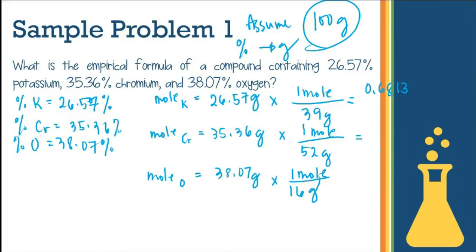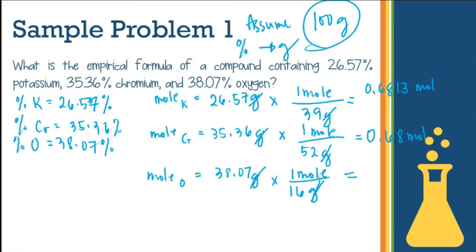Okay? So this is, ang unit nito ay mole. Canceling grams, canceling grams, canceling grams. Next, for chromium, that's 35.36 times 1 divided by 52. That is 0.68 moles.